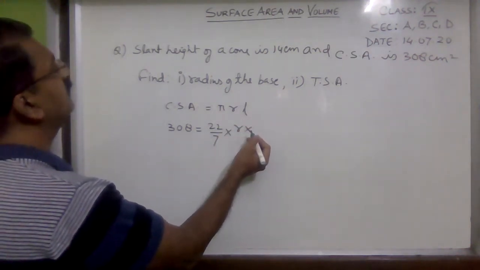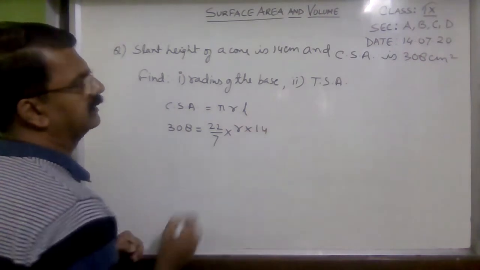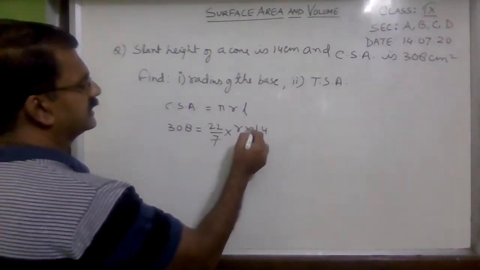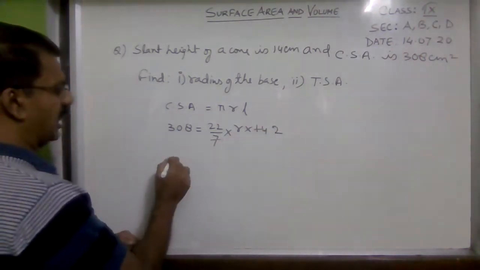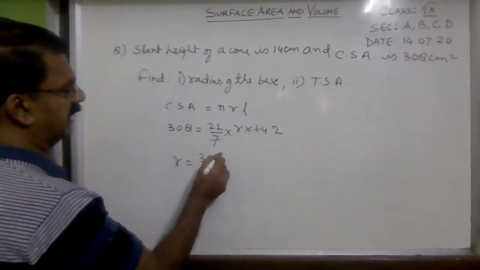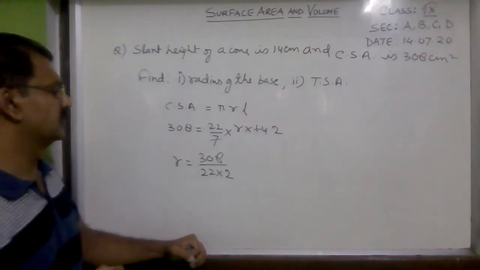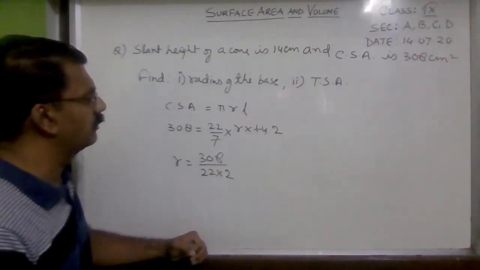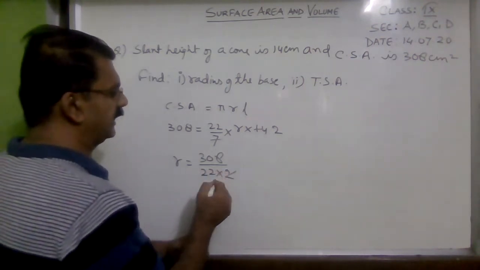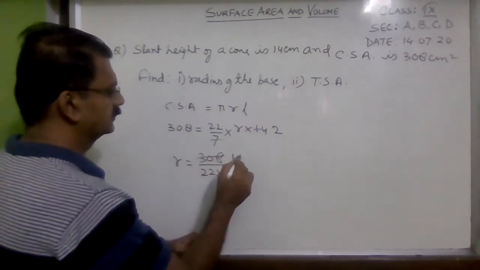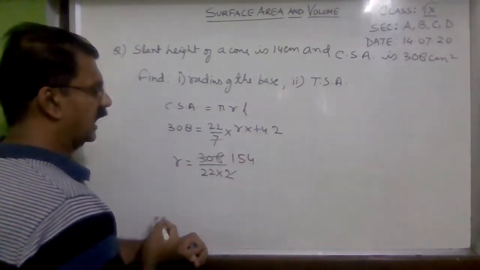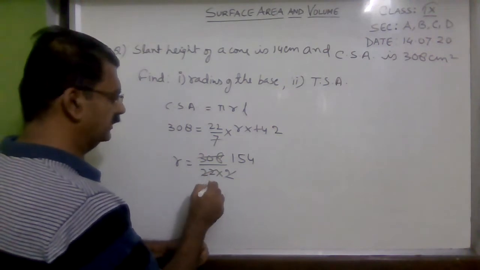L they have given the slant height 14. So first of all it is cancelled. So R will be equal to 308 upon 22 into 2. Now you cancel it by 2. And now you cancel it by 2 again.